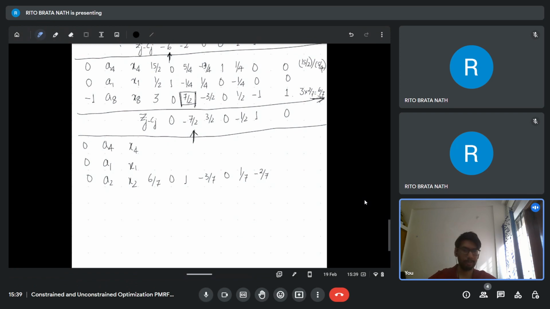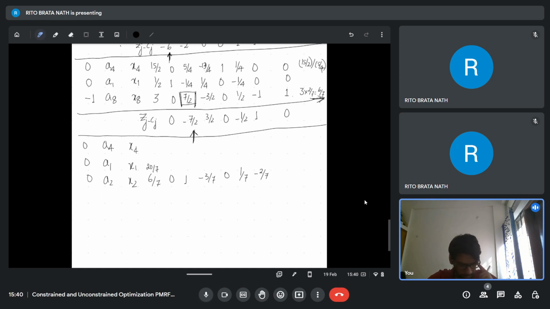Okay, so let me do this calculation by hand only right now. Let's see if I can get a calculator. Okay, so let's do it. So let's multiply by 4 and add it up. So this will be 20 by 7.